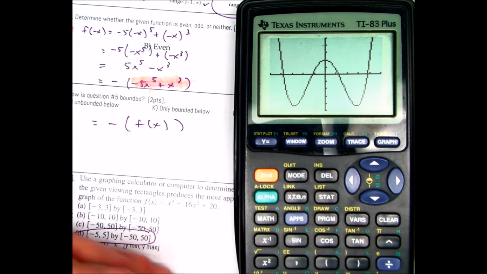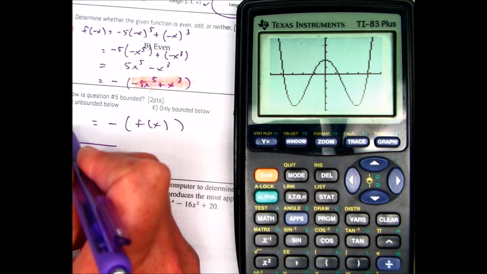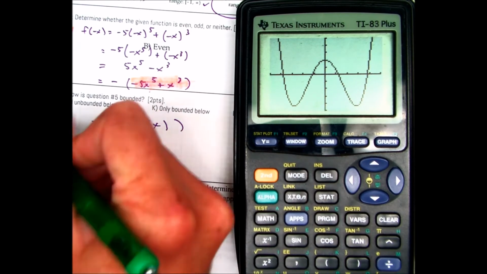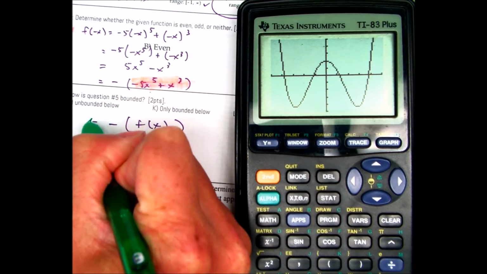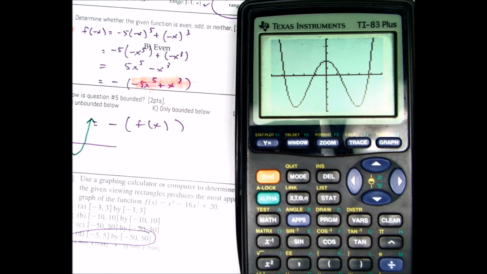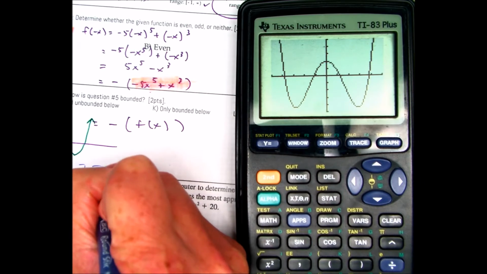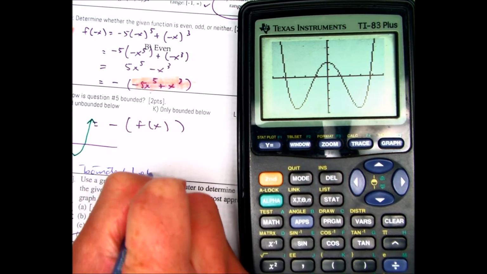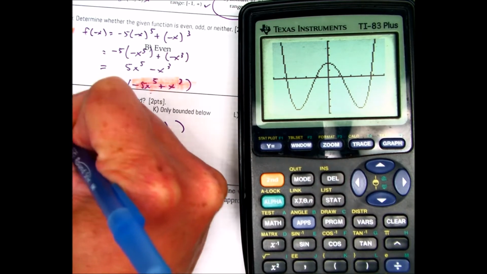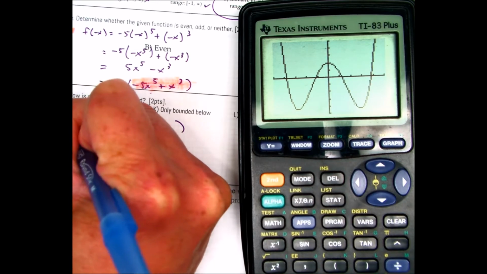Going back to question number 4, now that I have a graph on here, the graph looks something like a W. You'll notice that it is bounded below, because the graph doesn't go anywhere here, and it's unbounded, no boundaries above.